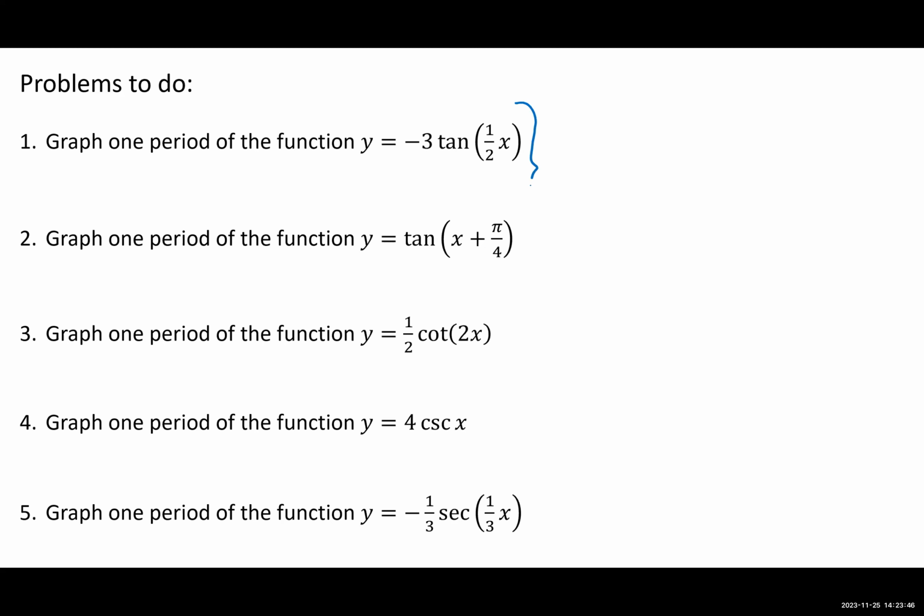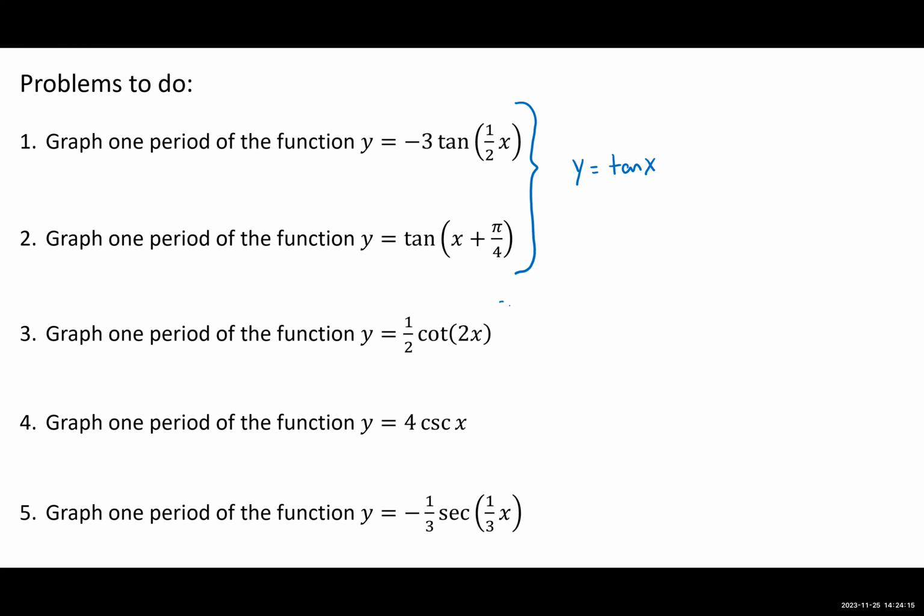So for example, to graph the first two, 3 times the tangent of 1/2 x and the tangent of x plus pi over 4, we're going to start with the graph of y equals the tangent of x, and we'll transform that graph, shift it, stretch it, compress it, reflect, things like that, things that we've spoken about previously. Same thing for the cotangent, and then the cosecant, and then the secant function.